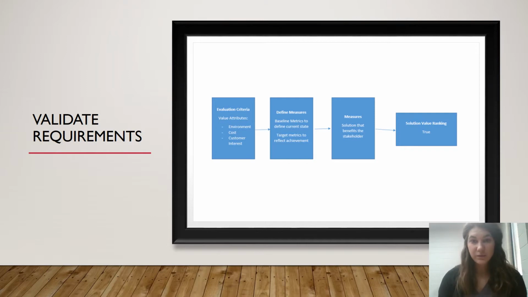Moving on to define the measure, using metrics to define current state and target metrics to reflect achievements, measures solutions that benefit the stakeholder, and then the solution value ranking, be true or false. So the requirements would be put into this acceptance and evaluation criteria, and if they come out true or false, that shows if they would work for this solution.